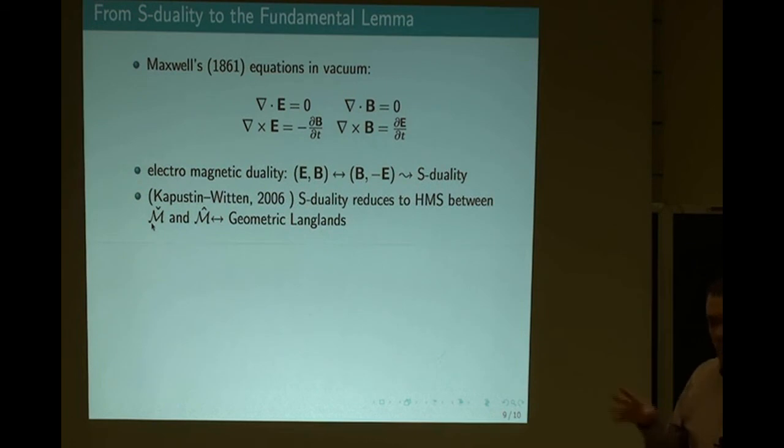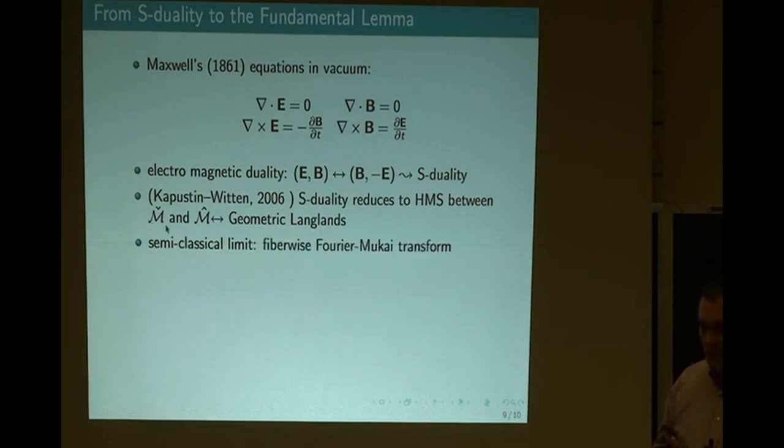But without really going into any of the hard details here, let me just tell you, in one limit of this duality, it is expected that things should become much simpler, and then the duality should be generated by what's called a fiber-wise Fourier-Mukai transform. And that's really the starting point of connecting the realm of the physics to the kind of observations we made about Hodge numbers. So what is this Fourier-Mukai transform, very briefly?